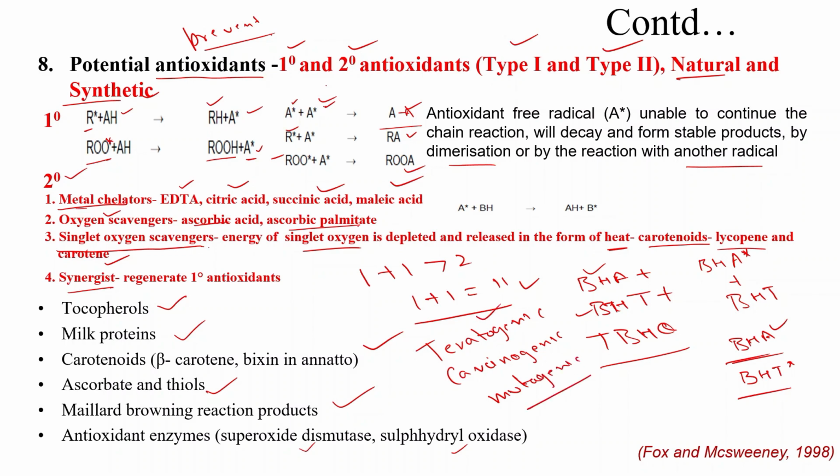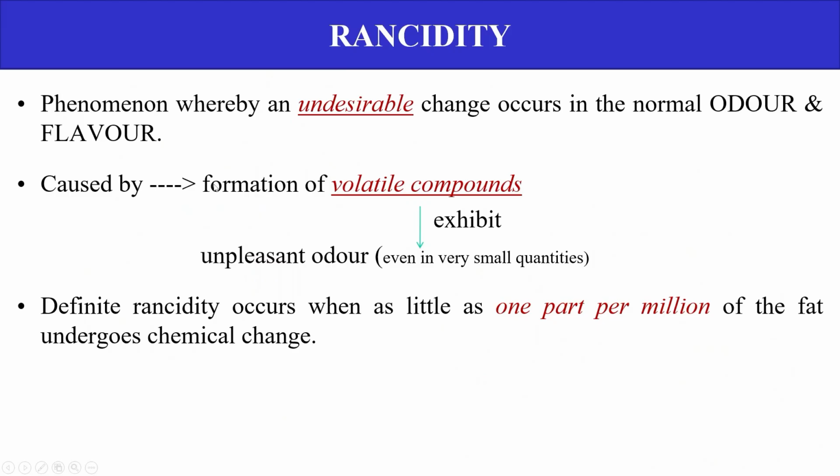Teratogenic means causing defective birth. Carcinogenic means causing cancer, and mutagenic means causing mutation. These synthetic antioxidants have been reported to have teratogenicity, that means defective childbirth, carcinogenicity, that they are causing cancer, and mutagenicity, that is causing mutation. Okay, so now the trend is toward natural antioxidants.